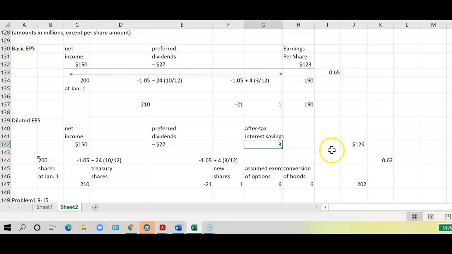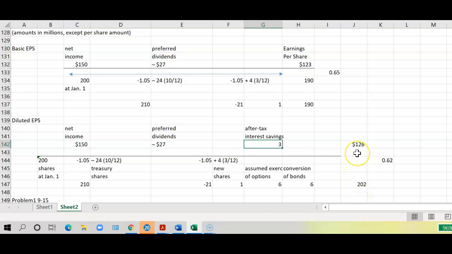So 126 million divided by, and then of course we would have to take the conversion of the bonds, which we know are 6 million. So if you add that across to the number of weighted shares outstanding, because the conversion of bonds is considered to occur at the beginning of the year, gives us the weighted shares outstanding of 202 million.